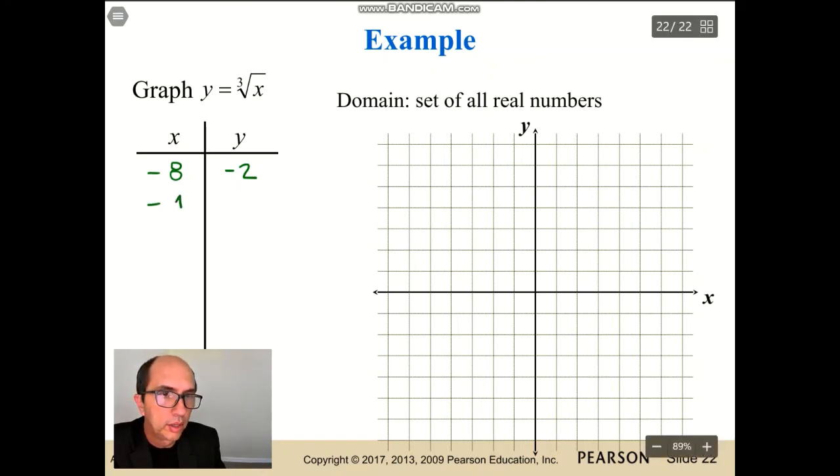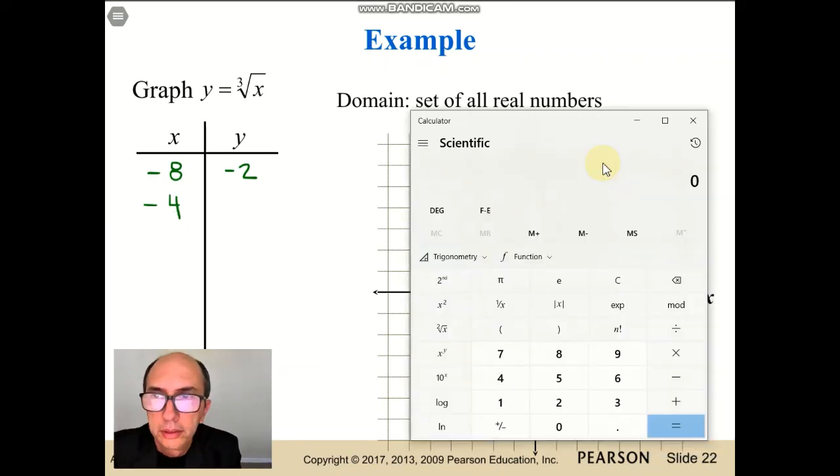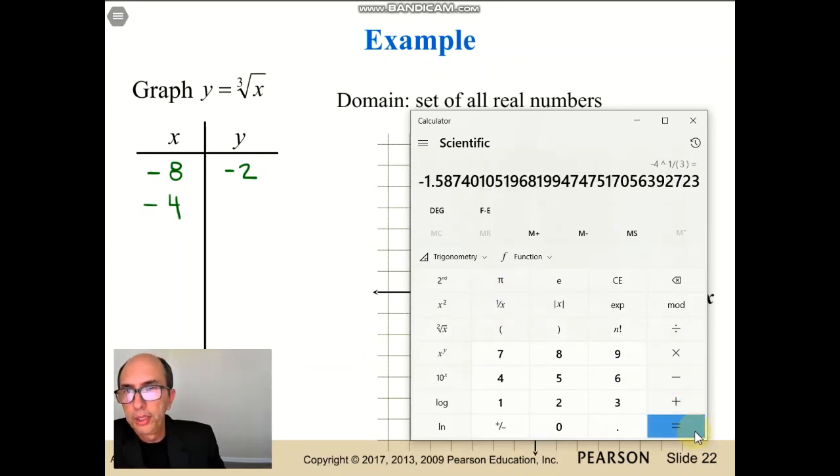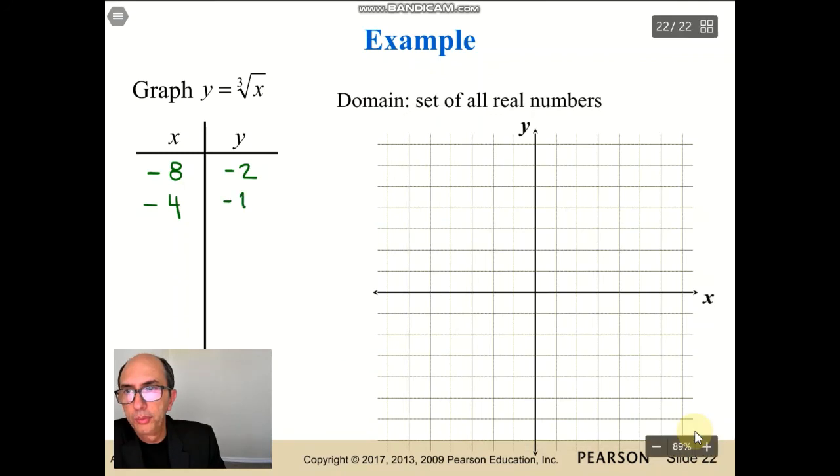Let's use the calculator to have more points. Let's use the calculator to find the cube root of negative 4, and type here 4, negative, cube root. You're gonna use this inverted exponent 3. This is the cube root, equals negative 1.59.